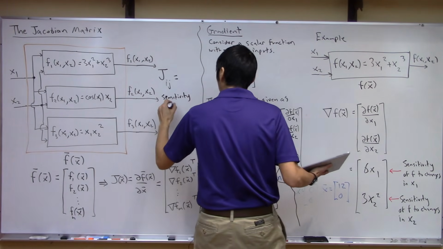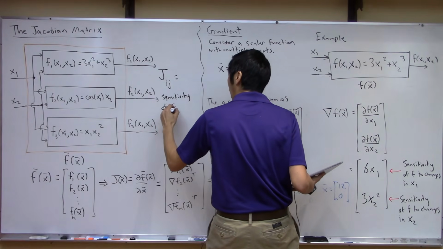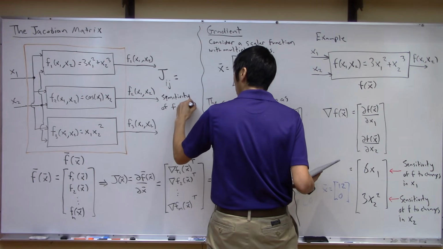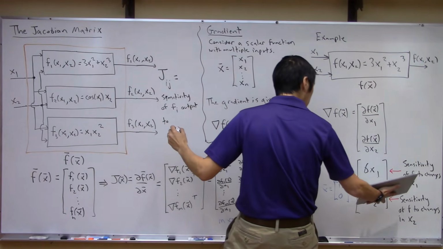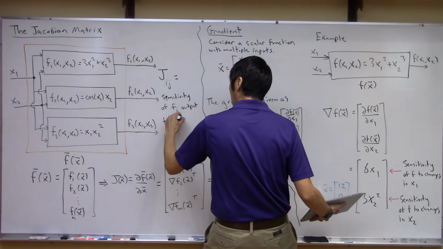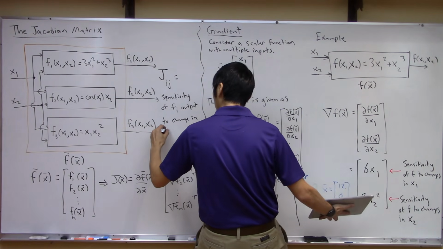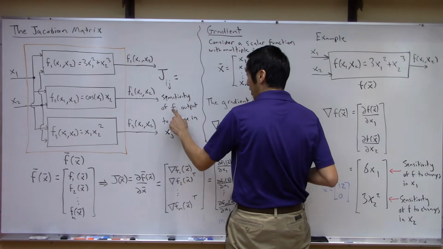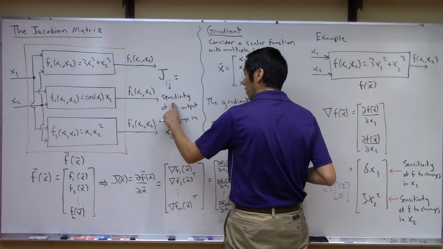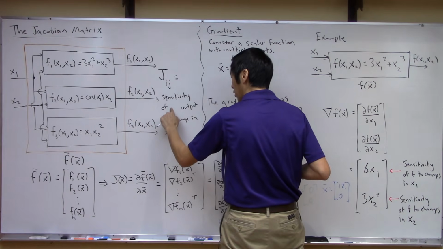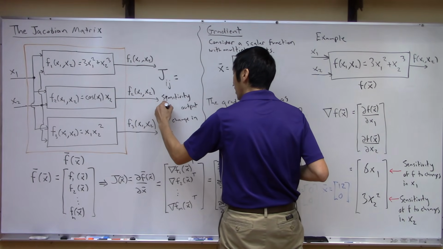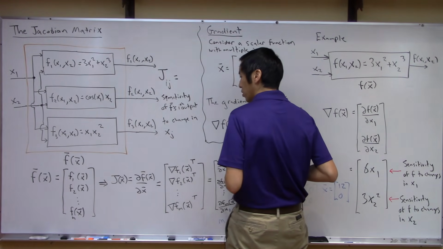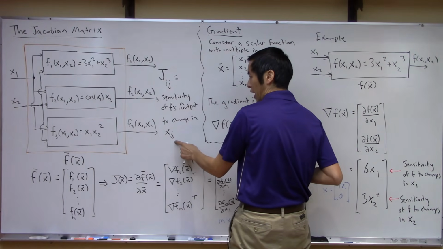The sensitivity of function i's output to the change in xj. Actually, the better way to say this is that it's the entire function f, so let me rewrite this more clearly: it's the sensitivity of f's ith output to the change in xj.